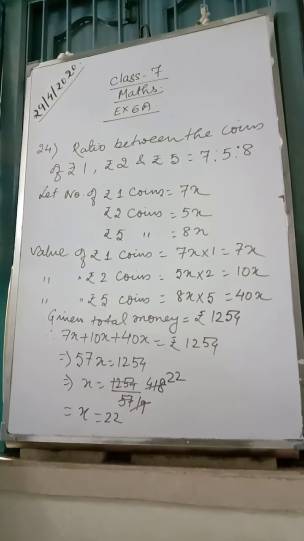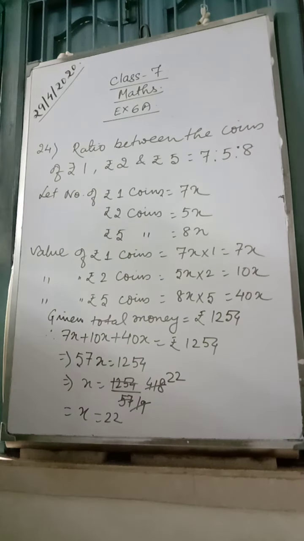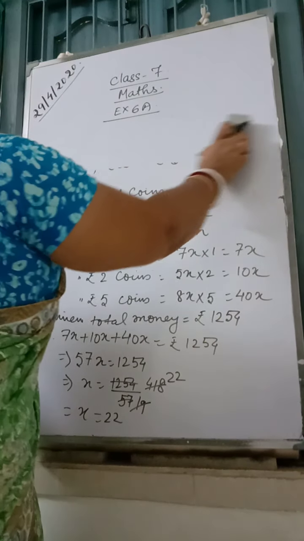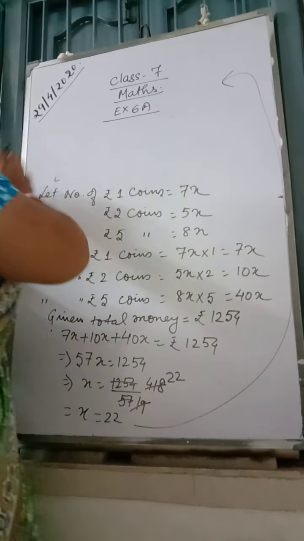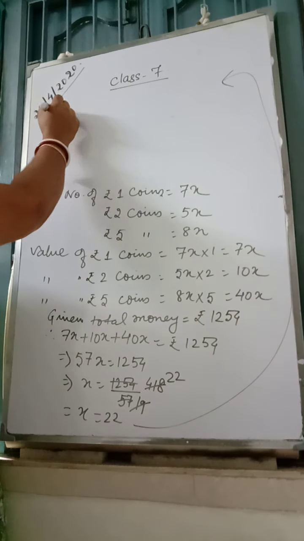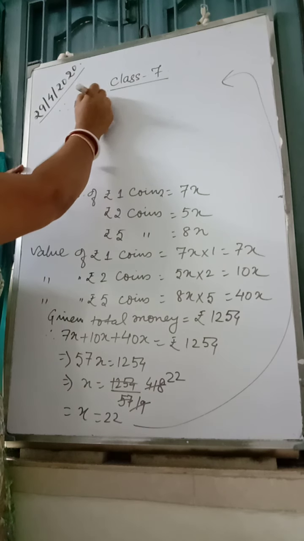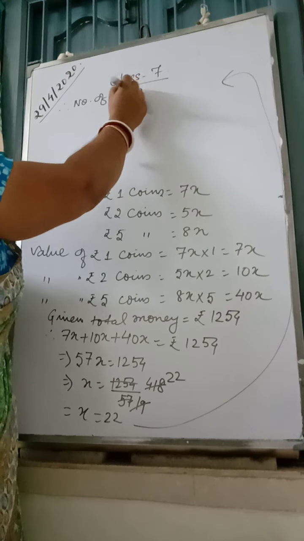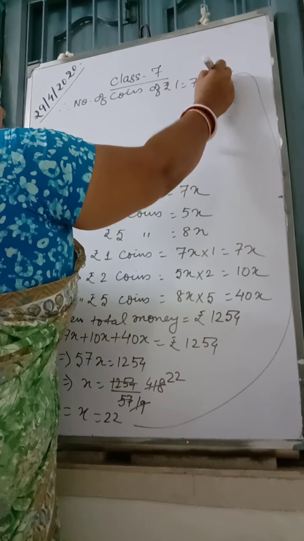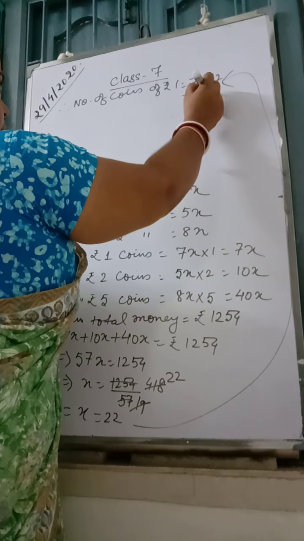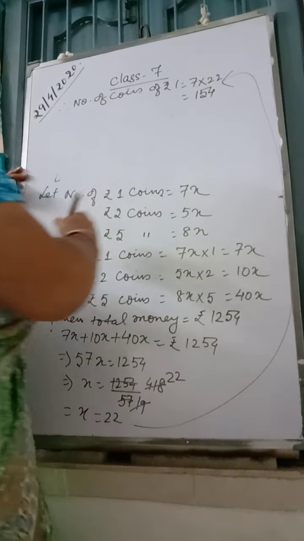Now we have to find the number of coins. Therefore, the number of coins of rupees 1 is 7 into 22, that is 154.